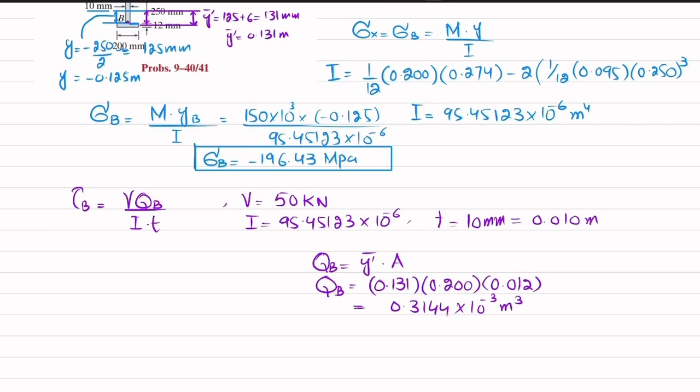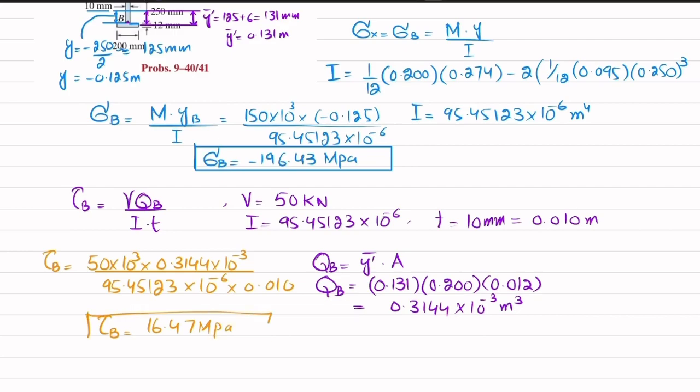Now you have all the values, so you will get shear stress at point B is equal to shear force, 50 into 10 raised to power 3, multiplied by QB, 0.3144 into 10 raised to power minus 3, divided by I, 95.45123 into 10 raised to power minus 6, into T, 0.010. So when you calculate it, you will get shearing stress at point B comes out to be 16.47 megapascal.